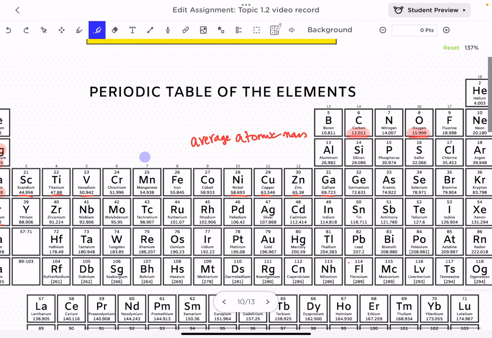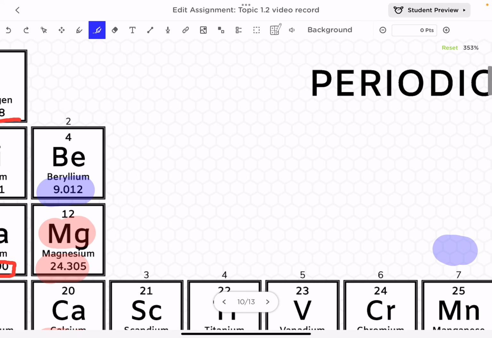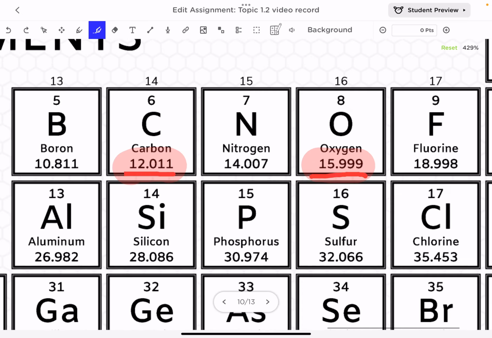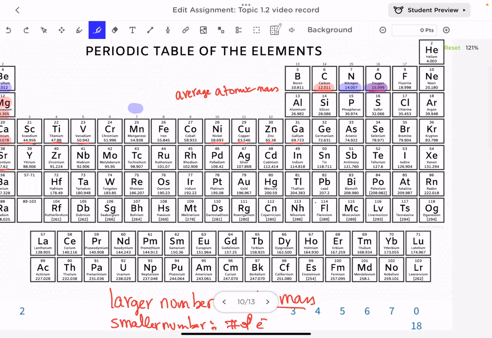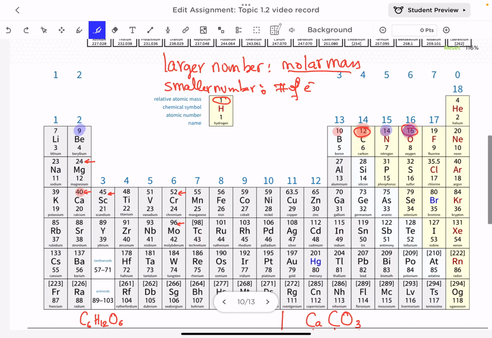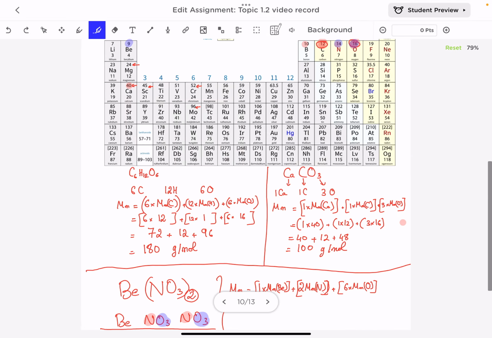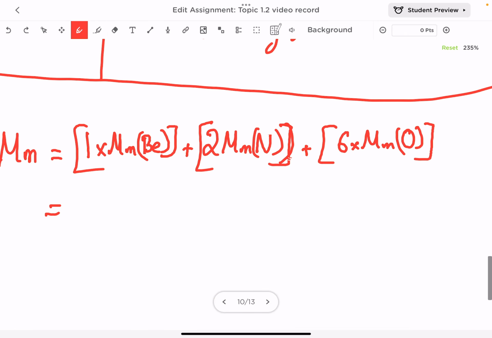If I am using this periodic table, here is the molar mass of beryllium, so I round it to 9. Here is the molar mass of nitrogen, and here's the molar mass of oxygen. So 14 and 16. The molar mass of beryllium is 9, N is 14, and O is 16.